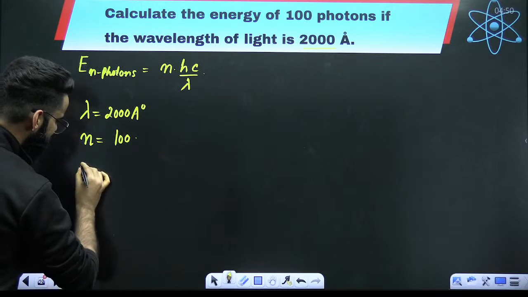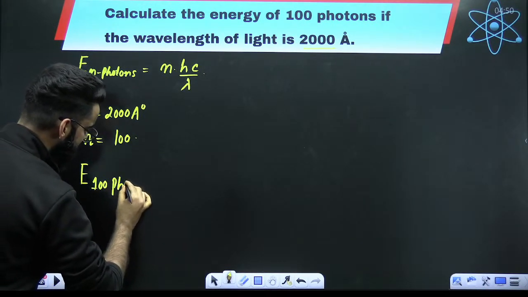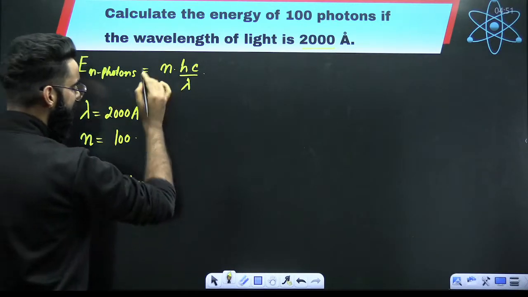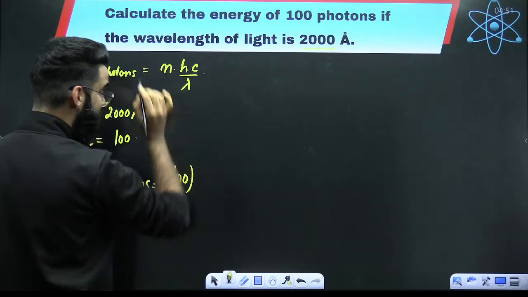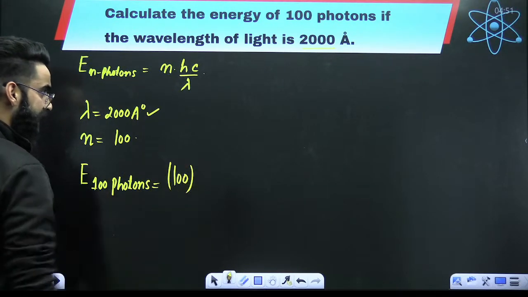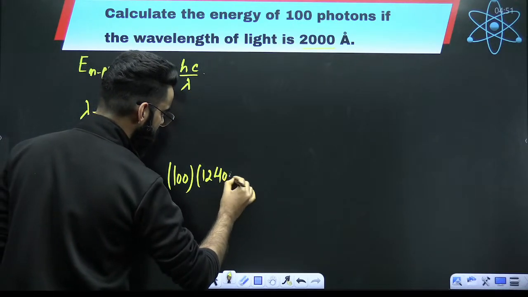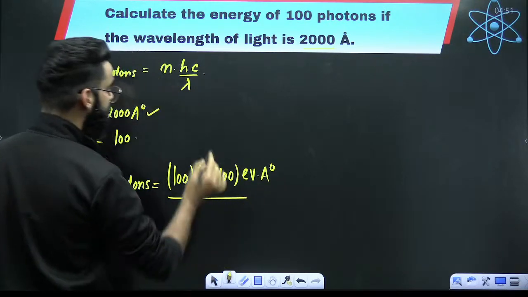So energy carried by 100 photons is equal to n, that's 100, multiplied by hc. Since lambda is in angstroms, hc you'll take as 12400 electron volt angstrom, divided by lambda.